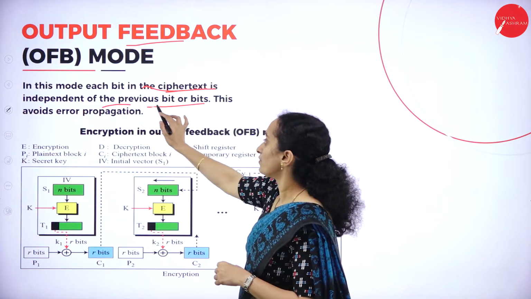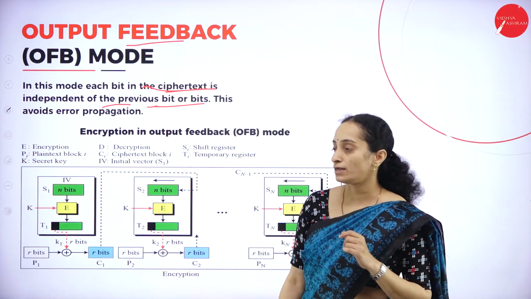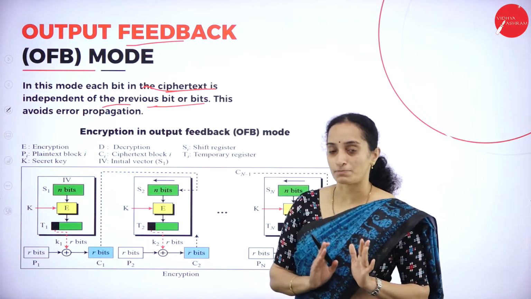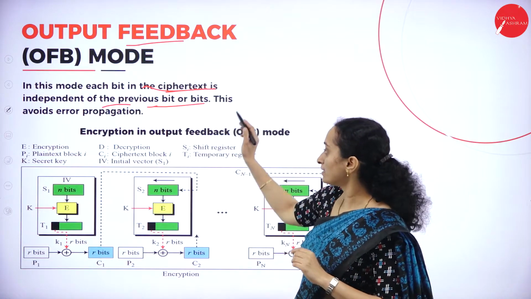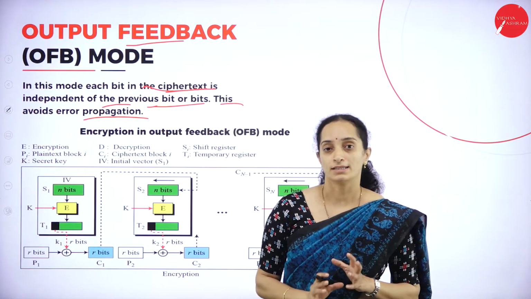It is independent of the previous bit or bits, maybe one bit or more than one bit, so that the error propagation will be avoided in this mode of operation.